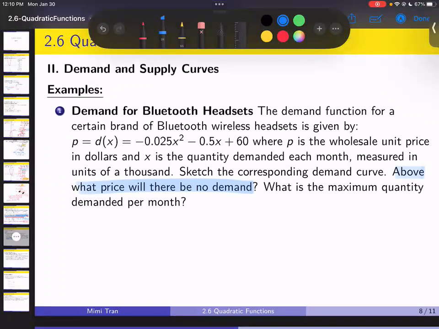What does that mean? No demand means no what? No what in this function? No x, right? The x is 0. Remember, x is the quantity demanded each month. So no demand means you set x equals 0 and then you solve for y.